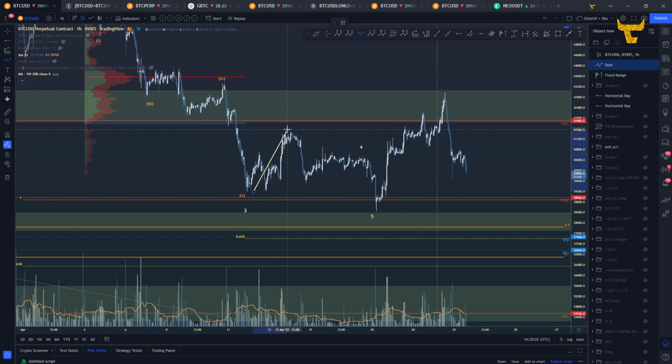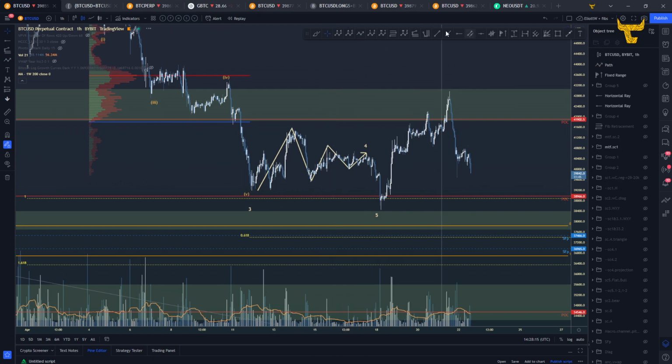So wave A, B, C, D, and E. So you see, it's not a pretty triangle, but the rules are respected, and in Elliott wave you don't necessarily need the nice shape of a triangle.